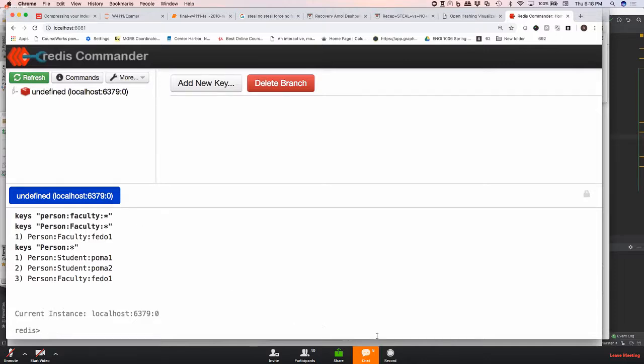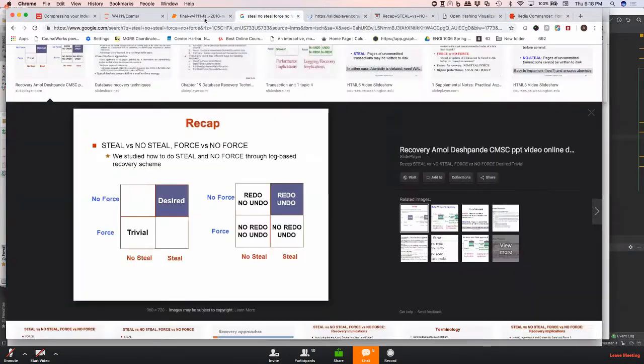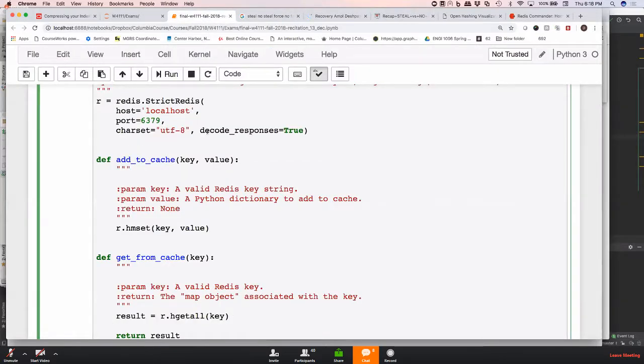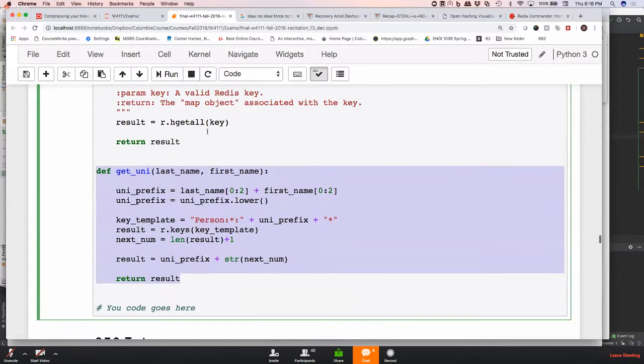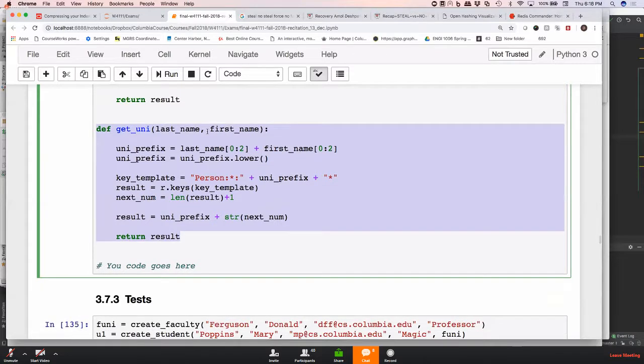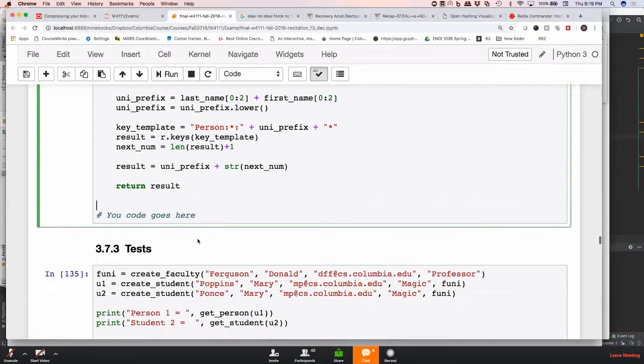How do you find out, right? Well, how do I compute what the uni is? Well, basically, let's put a piece of code here.